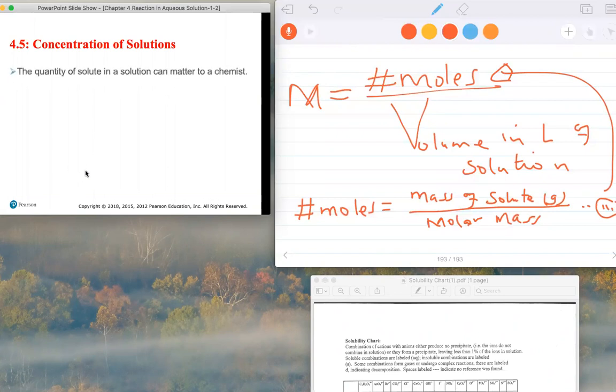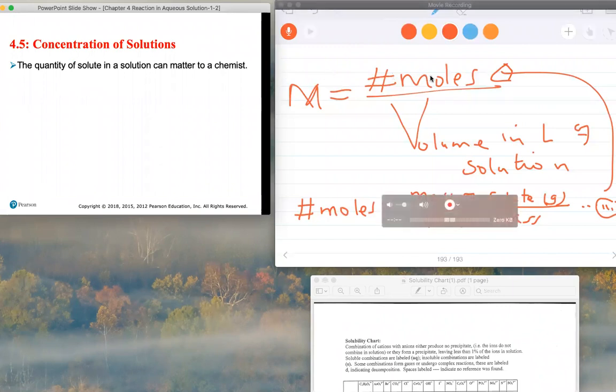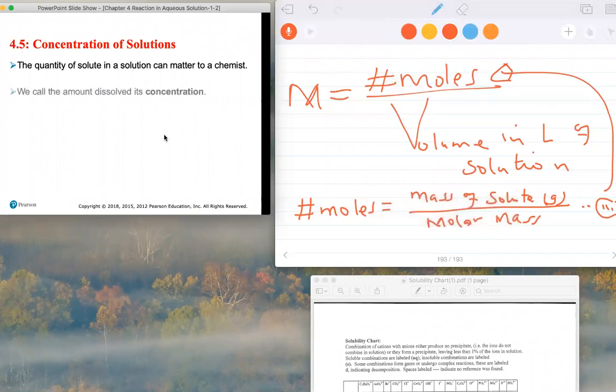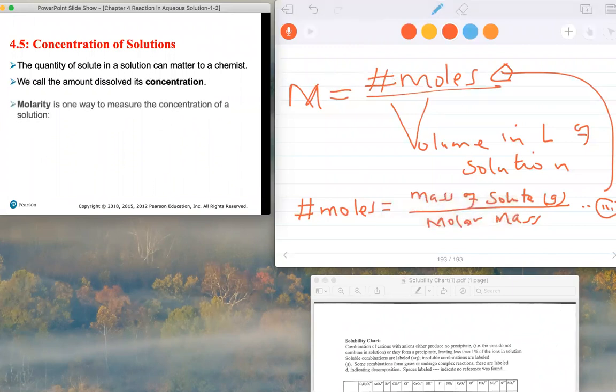So concentration is just used to express the quantity of solute in a solution. Solute is what you dissolve. And when we say quantity or amount, it's not in grams, it's in the number of moles. You use the number of moles, we call this concentration. We interchangeably use molarity and concentration.